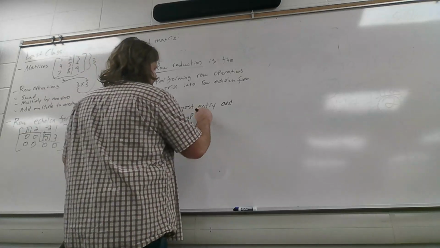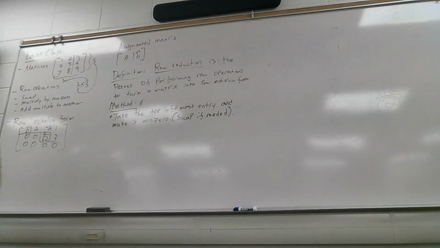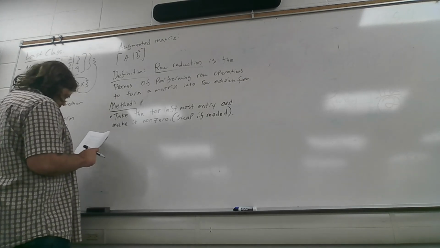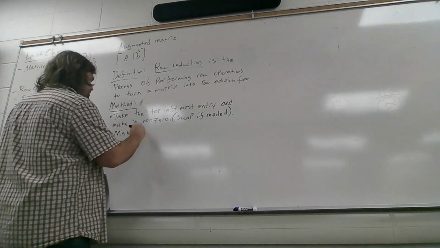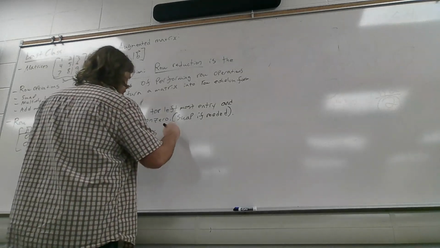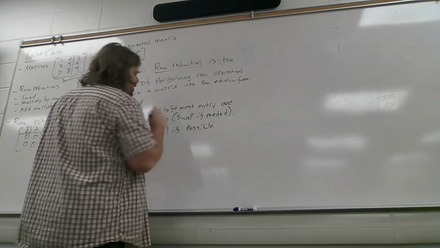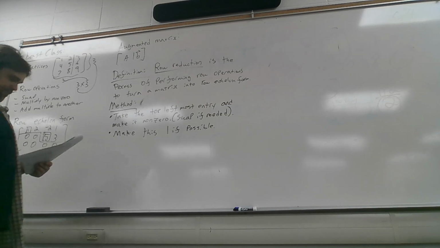Swap if needed. Okay, cool. Now we're going to make this 1 if possible. Not a strict requirement, but it will make your life much easier if we can do that.